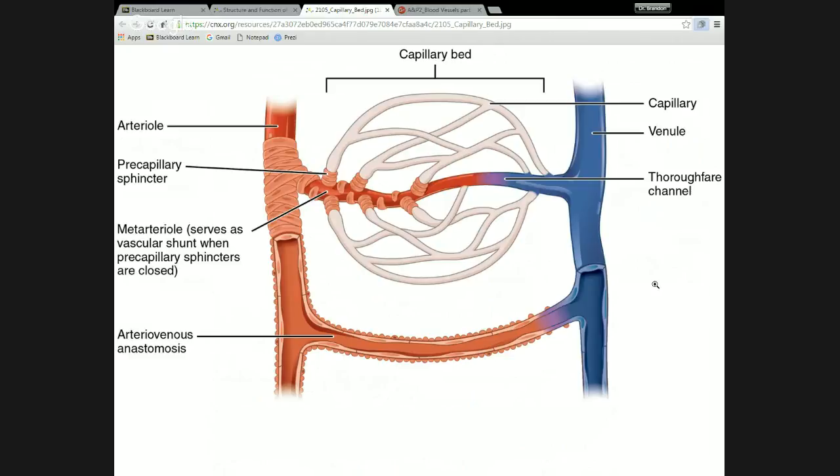So if you don't want blood going out to your hand or your digits, because then you'll lose a lot of body heat, then anastomoses maybe in the wrist area would just bypass the hand altogether. You probably wouldn't 100% cut off blood to the hand because that tissue does need some blood, but the more that can be shunted away from the extremities, the better, because then you maintain some of your body heat.